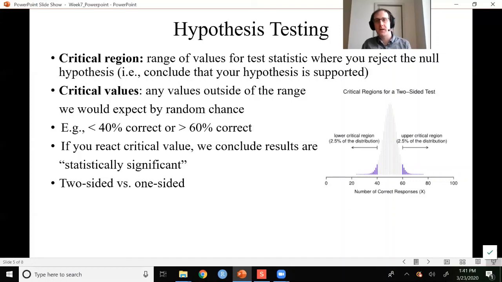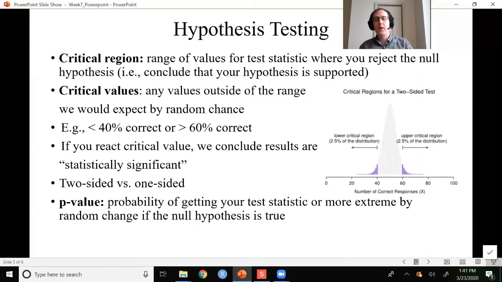Maybe we have some very strong reason to believe that it would only make sense if the results went one way, and it wouldn't make sense if it went the other way, in which case we might want to specify a one-sided test. A one-sided test, all things considered, has a little bit more power because it's easier to reach this point, but then we aren't able to see if it is more extreme in the opposite direction. So this is something you would want to consider before you run the study.